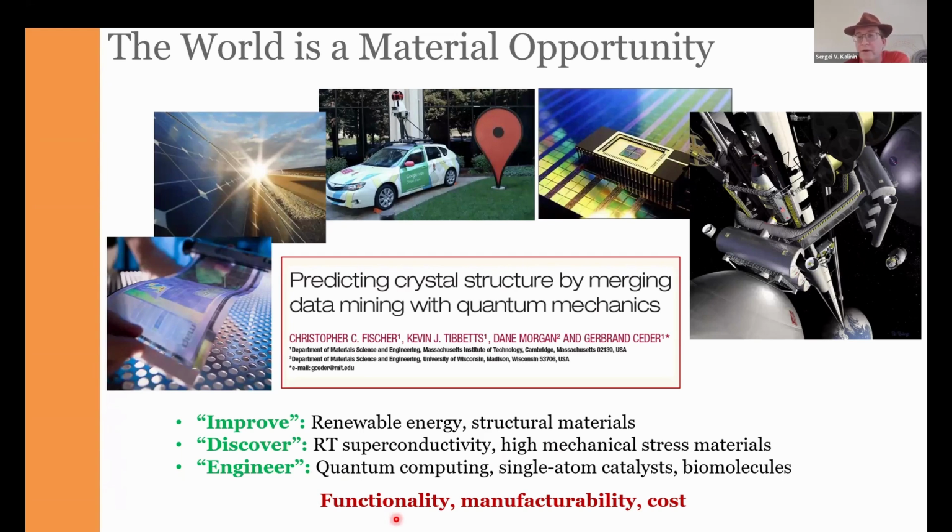They are controlled by the dopants, and it's very difficult to run predictive modeling for small dopant concentrations. You just need to have a very large unit cell. Also equally important, for each new material we care not only about the idealized predicted properties, but about the real properties, manufacturability, and cost.